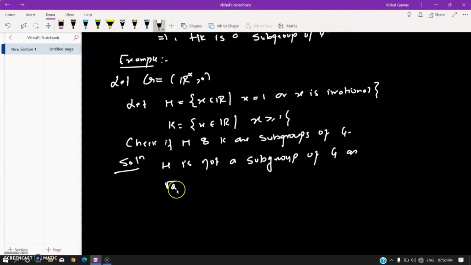If I look at root 2, it is in H because it's irrational, but root 2 multiplied by itself is 2, which does not belong to H. So it's not closed with respect to the multiplication of R. Therefore H is not a subgroup.